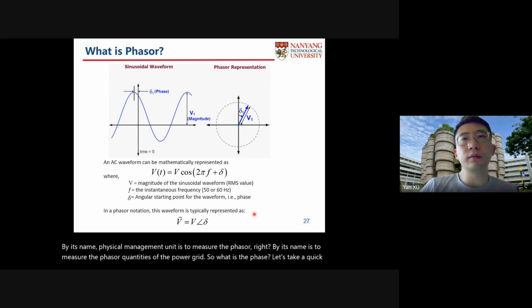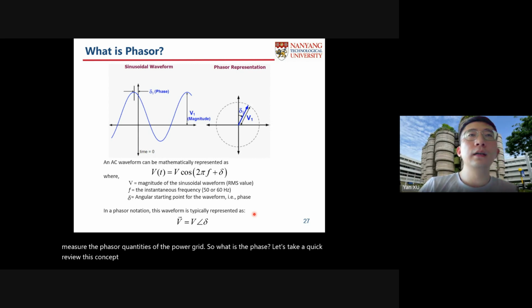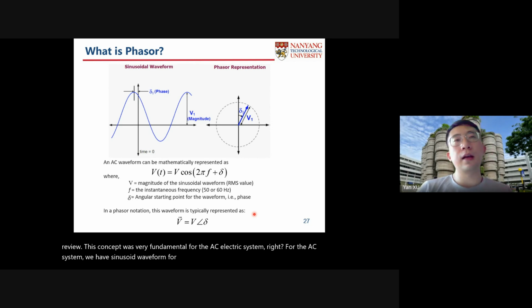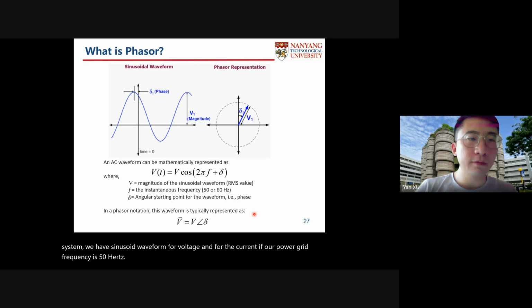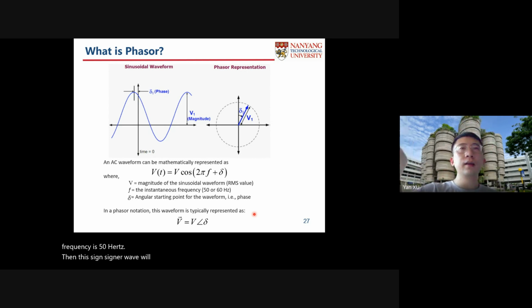This concept is very fundamental for AC electric systems, right? For the AC system, we have sinusoid waveforms for voltage and current. If our power grid frequency is 50 hertz, then this sine wave will have a 50 hertz frequency.